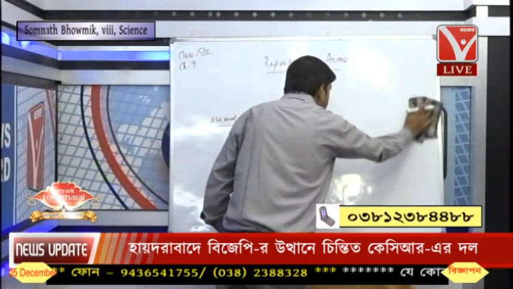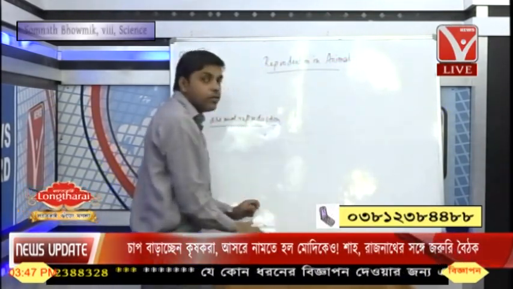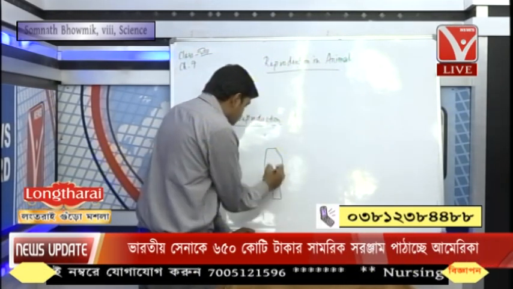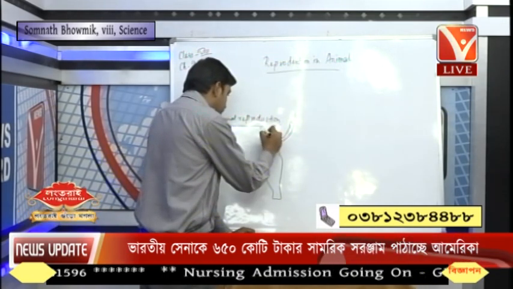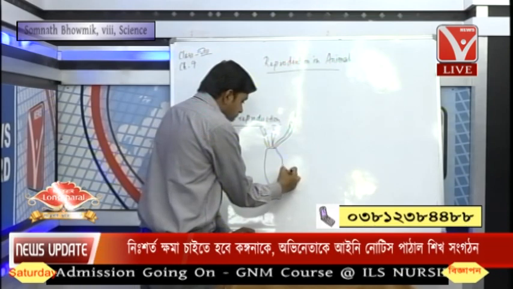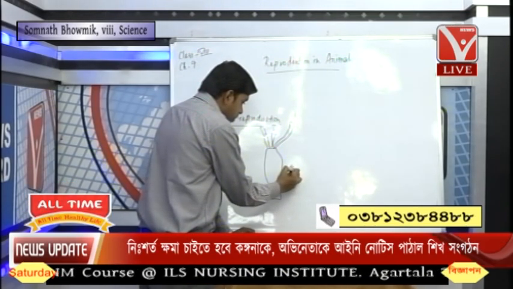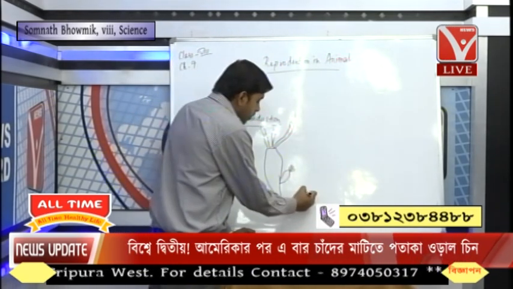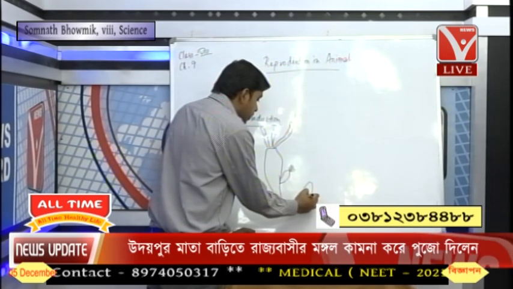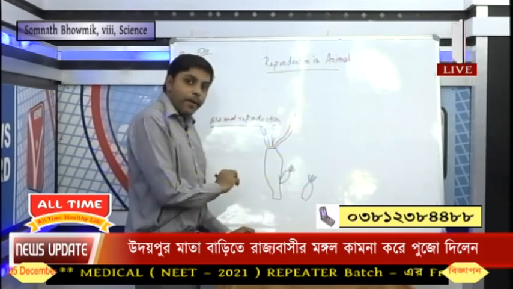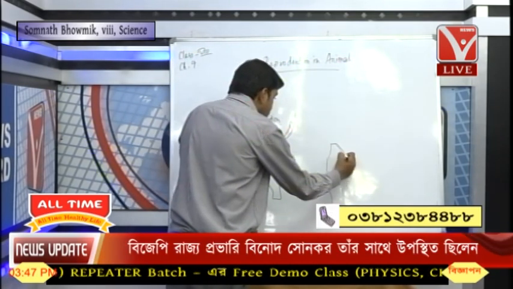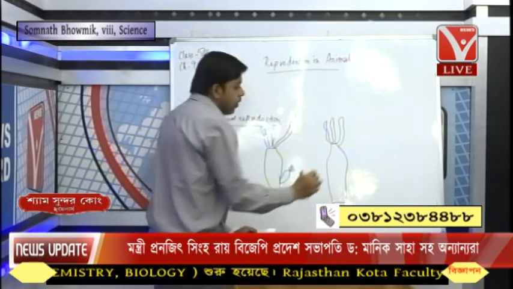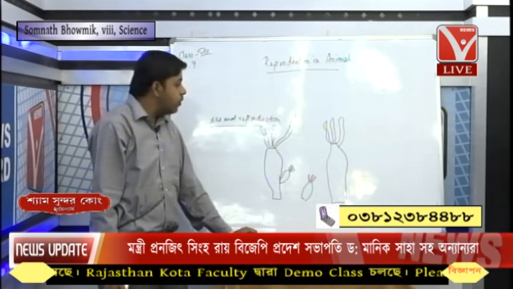Similarly, in case of Hydra also, on the tentacles of Hydra the buds develop, and this bud, on detachment from the parent body, grows and develops into a complete new Hydra.